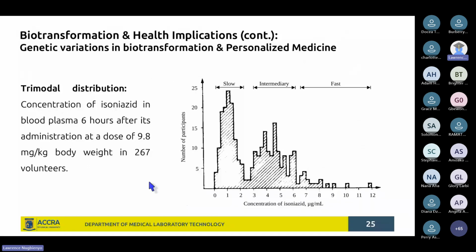So we're talking about, I think I mentioned this, that we also have things like genetic variations in biotransformation, which goes into what we refer to as personalized medicine, where the same drug given to different people at the same dosage, some people will metabolize it fast.